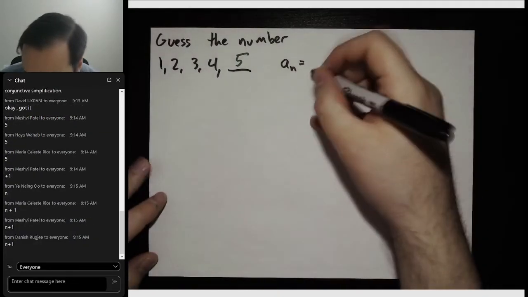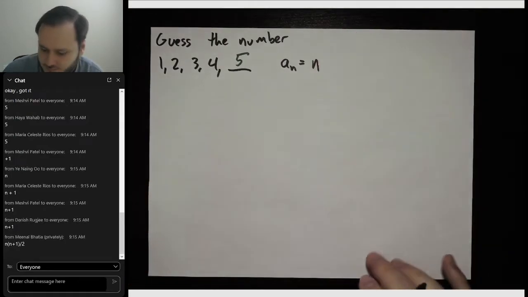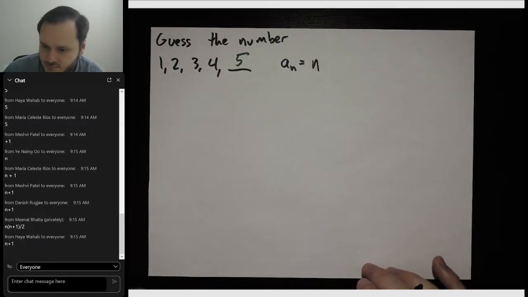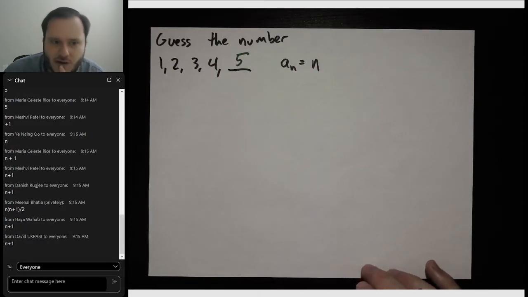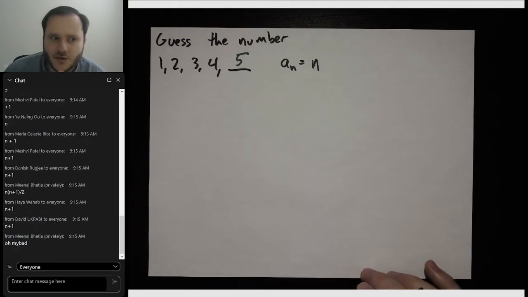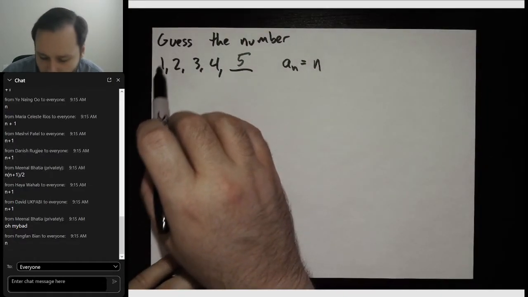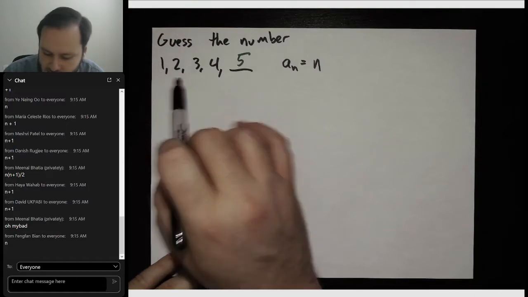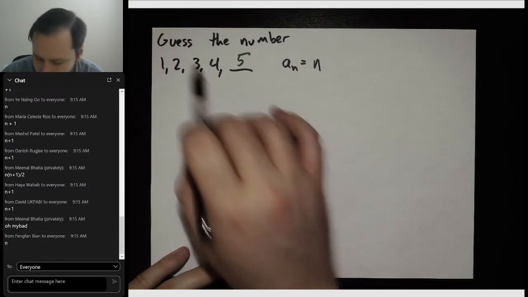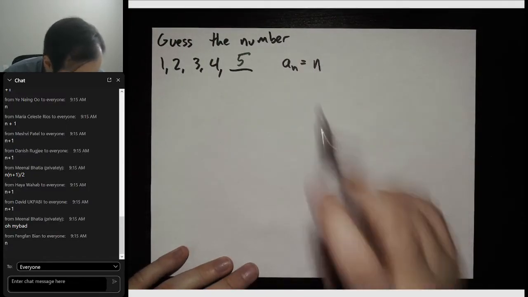My nth number is going to be n. Only n plus 1 if I'm starting from 0. So if you're a computer programmer, then n plus 1 makes a lot of sense. But here, first number, a sub 1 is 1, a sub 2 is 2, a sub 3 is 3, so a sub n is n.